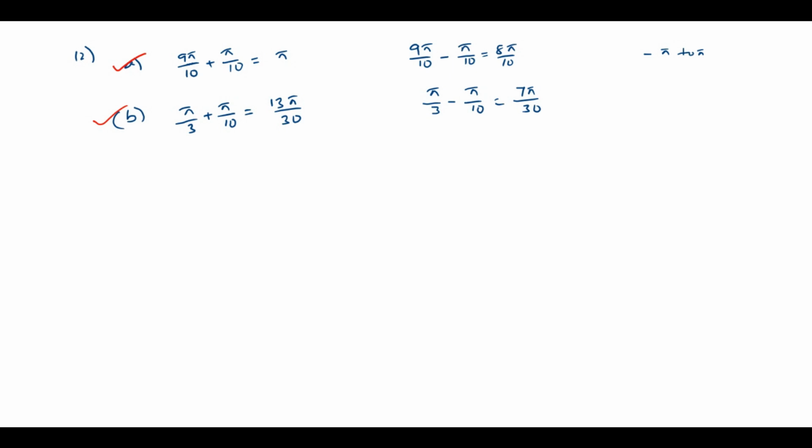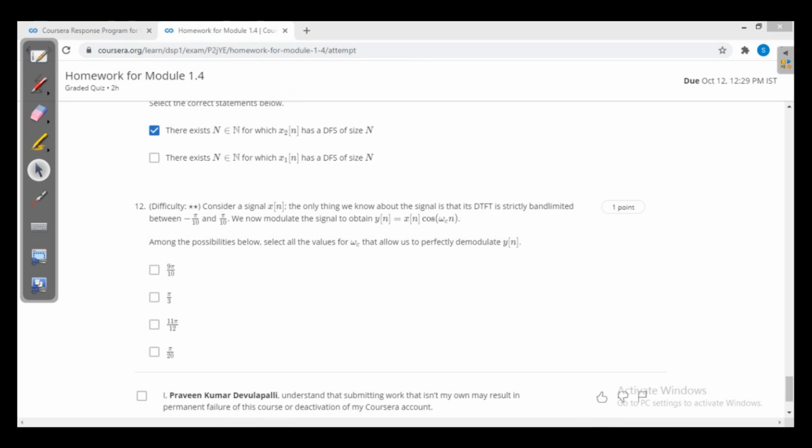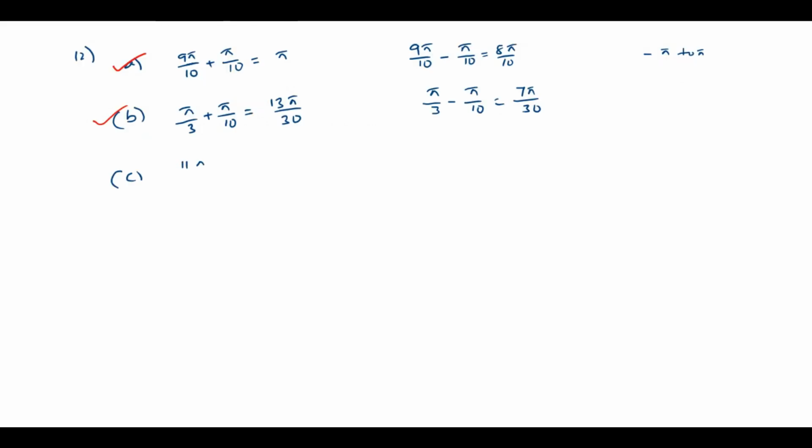And the third one is 11 pi by 12. 11 pi by 12 plus pi by 10 has the value 61 pi by 60, which is greater than pi.